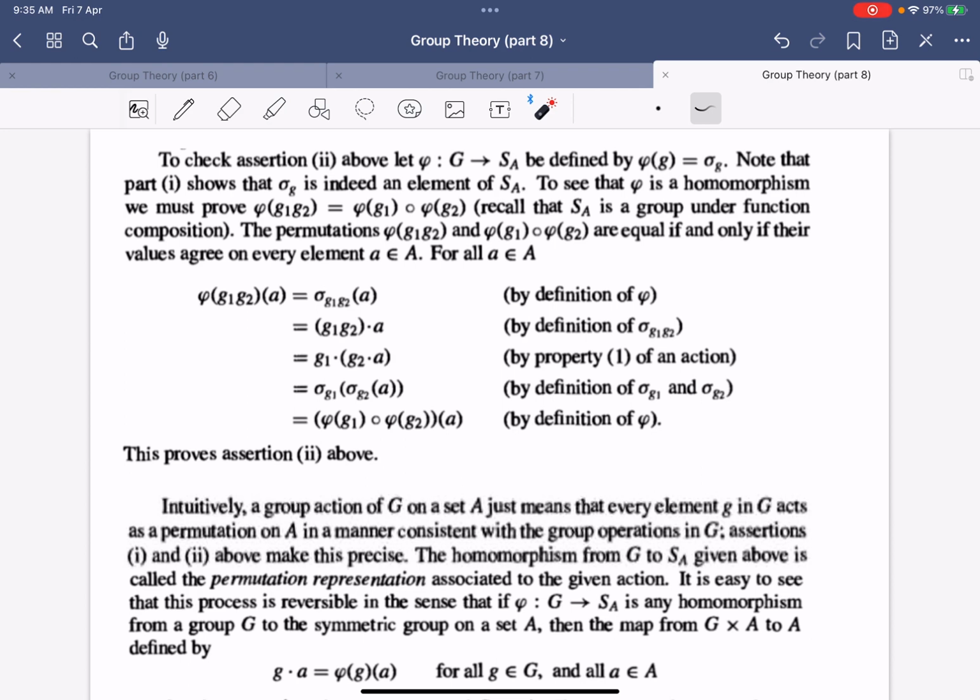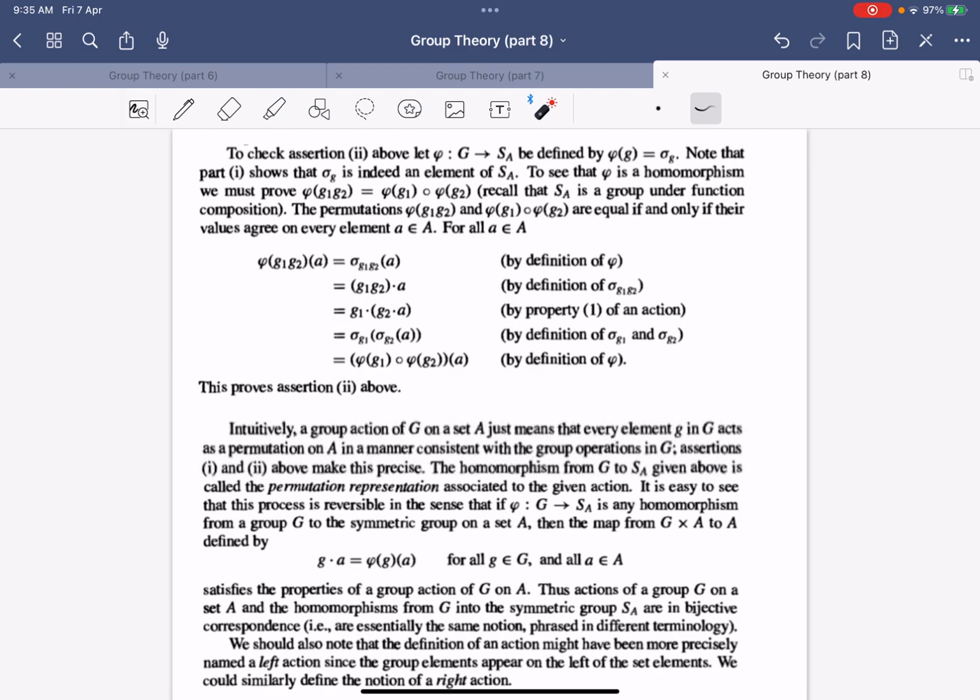So what we are saying is that this permutation and this composition of functions are equal for every value of A as an element of capital A. So you just take an arbitrary A and check that they are equal. And this proves the assertion of part 2 above.